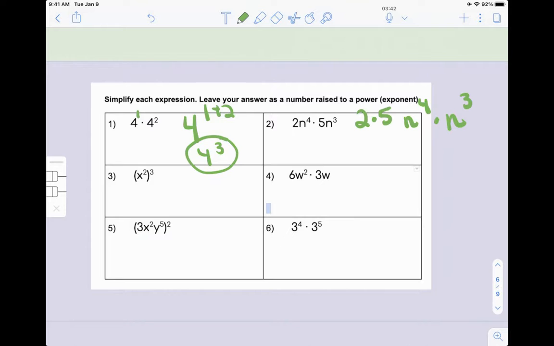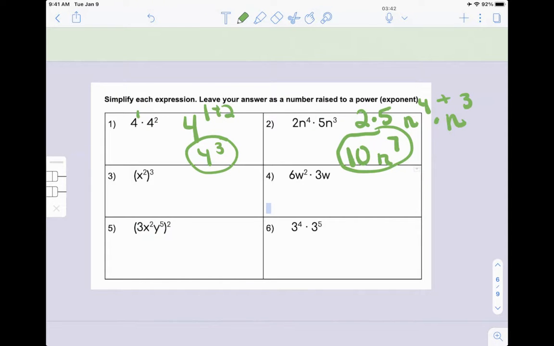Now I can just multiply the numbers, and 2 times 5 is 10. Multiplying bases, and it's the same base, so I just add the exponents. So this is n to the 7th power. My final answer is 10n to the 7th power.